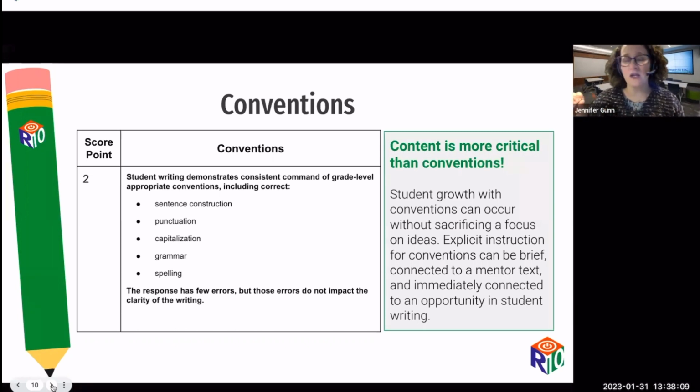Sometimes all we need is 1 sentence to convey and model and provide a mentor of the convention we're trying to illustrate. And we immediately want to connect our instruction to the students having an opportunity to apply this in their own writing.